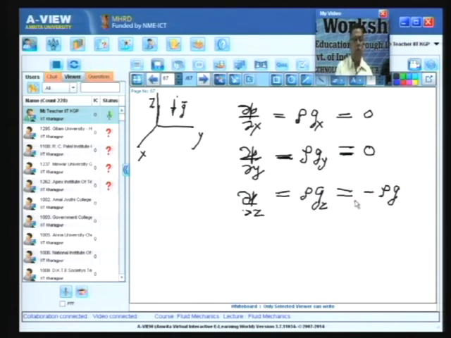Now, the first two equations tell you that P does not vary with x and P does not vary with y. So, that means this is a total derivative, which is dP dz is equal to minus rho g.